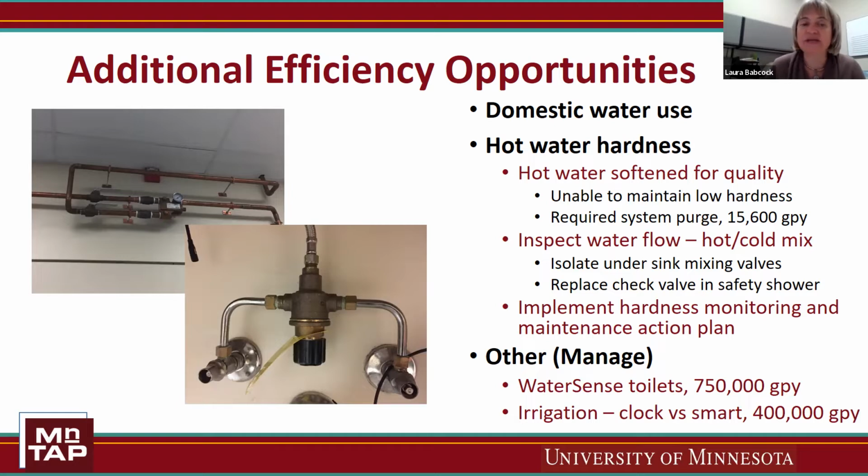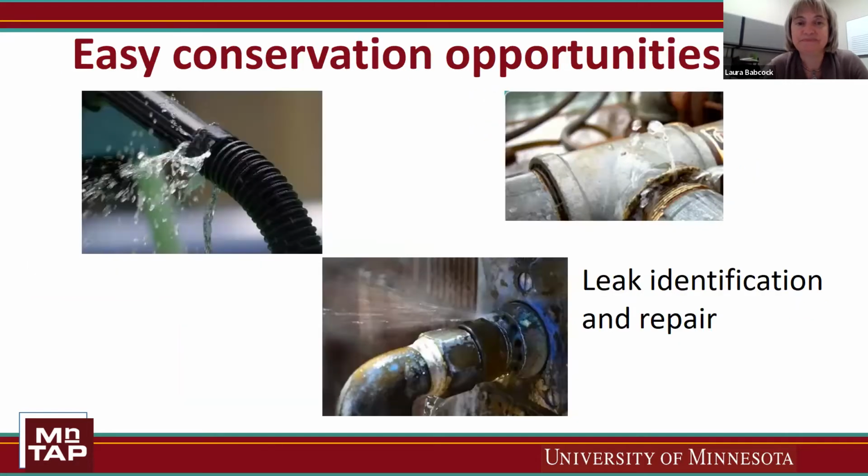So they fixed those and made sure they had one-way shutoff valves. They also had opportunities for some domestic usage, which was found as they were really combing the facility for additional water opportunities.